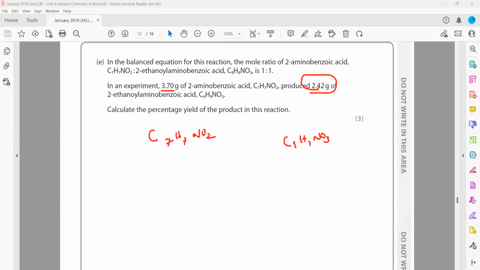So first we'll take a ratio of the mass. You can work it out in terms of moles or you can also work it out in terms of mass.